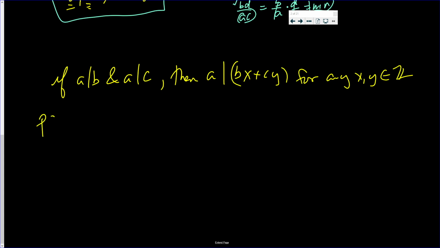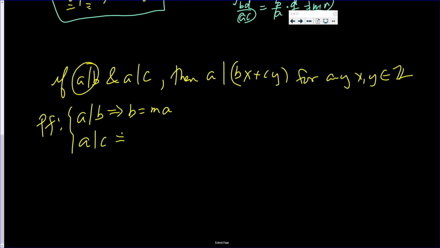Okay, well, definitions. a divides b implies that b is an integer multiple of a. And a divides c implies that c is an integer multiple of a.